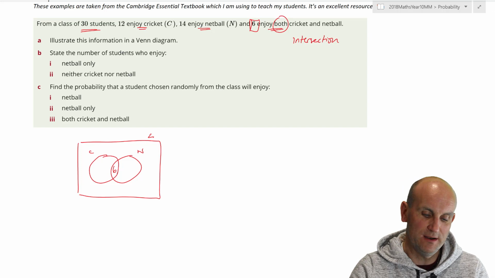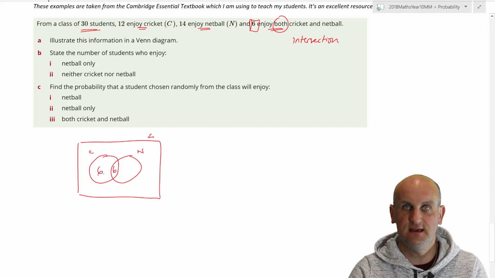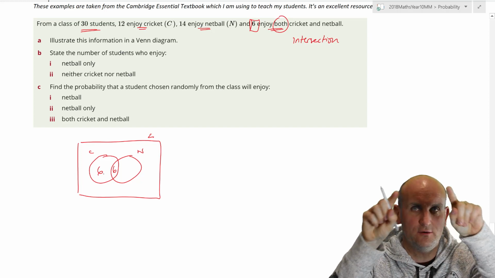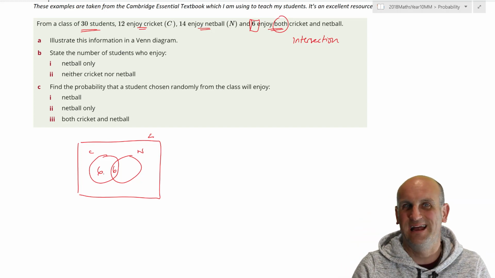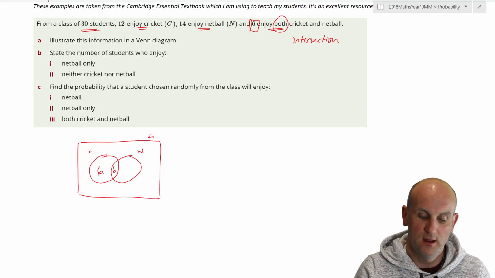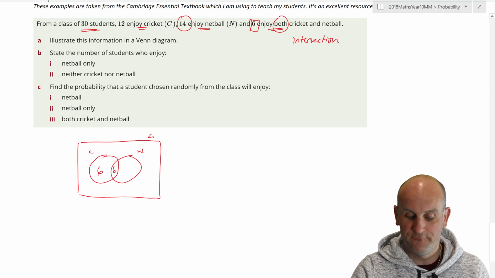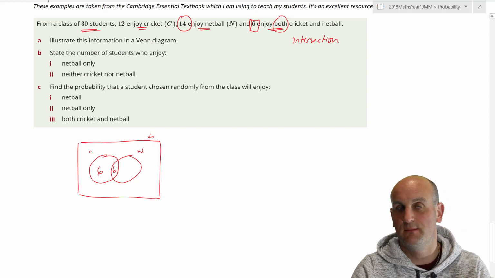But 12 people in total enjoy cricket. So this value here has to be 6. Why? Because in that cricket circle, there cannot be any more than 12 people. We've got 6 in the overlap, which means 6 must be just cricket alone. Likewise, 14 enjoy netball, but 6 enjoy netball and cricket.